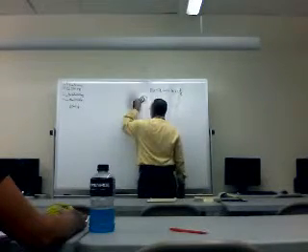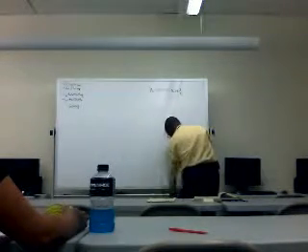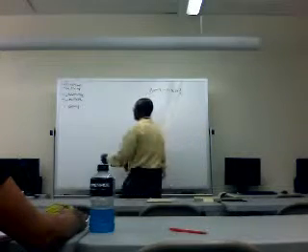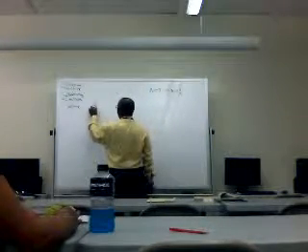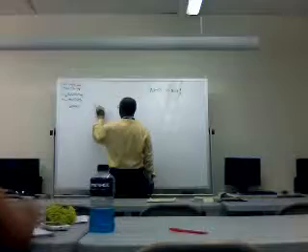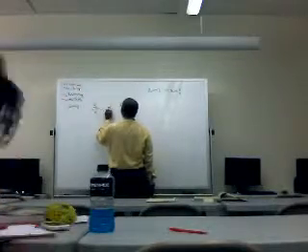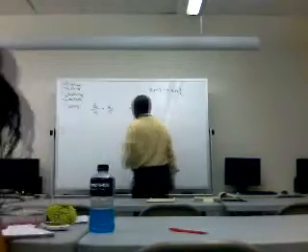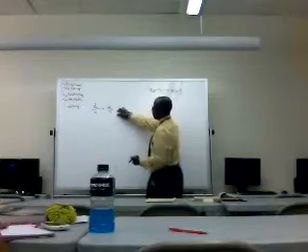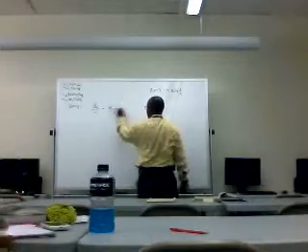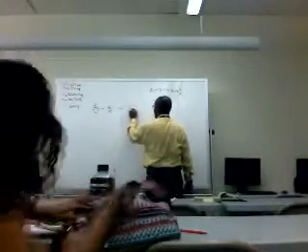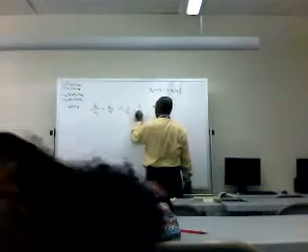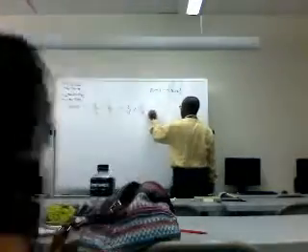We multiply by the reciprocal, okay? Which means you flip it upside down. So if I have 3/4 divided by 2/5, I'm going to flip the second number, the one that we're dividing by, 3/4 times 5/2, which gives us 15/8.